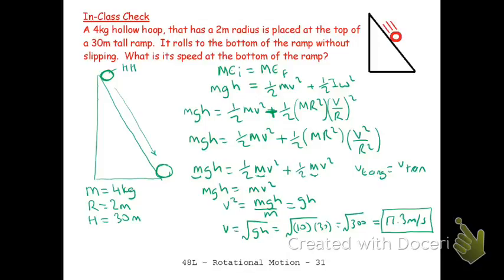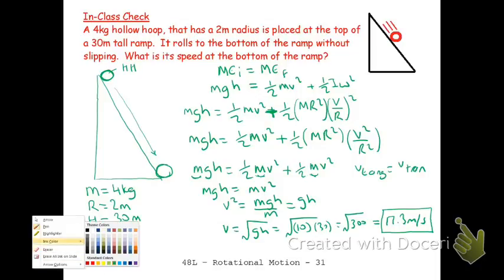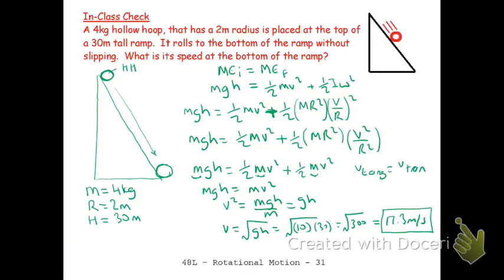If I was to, let me just, for comparison, let's just change the color for a minute. If I was to say it slid down, I'd say mgh is equal to just a half mv squared, and I would find that v squared is equal to 2gh, so it would be the square root of 2gh rather than that.